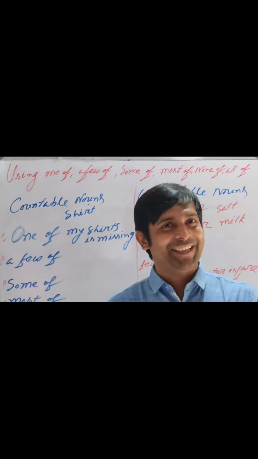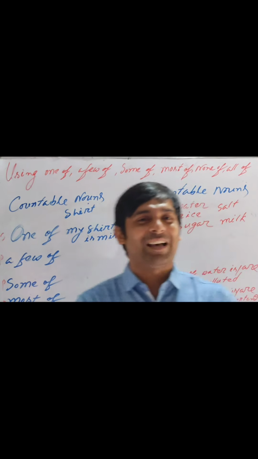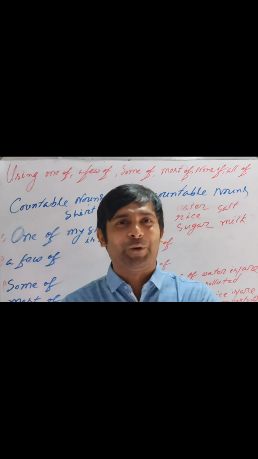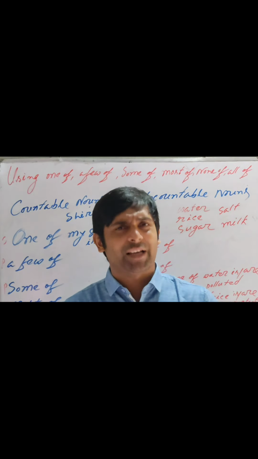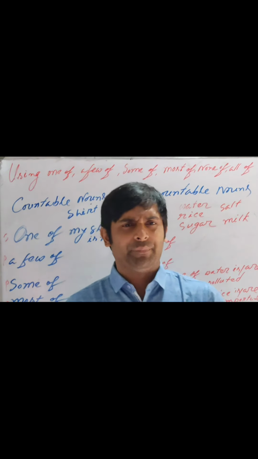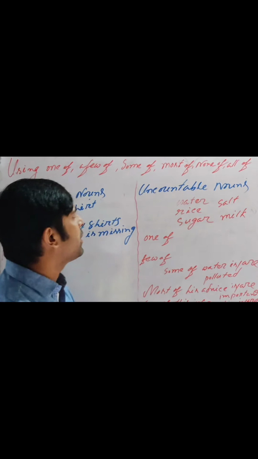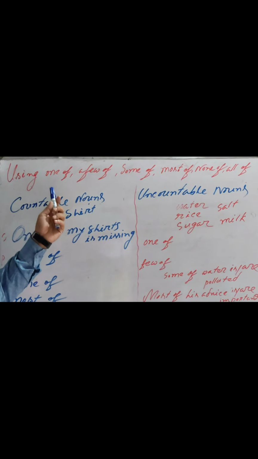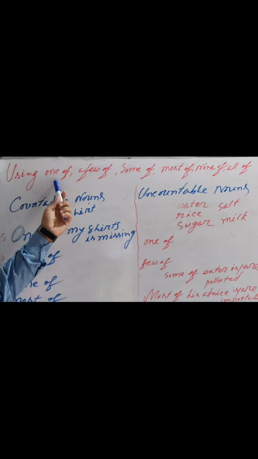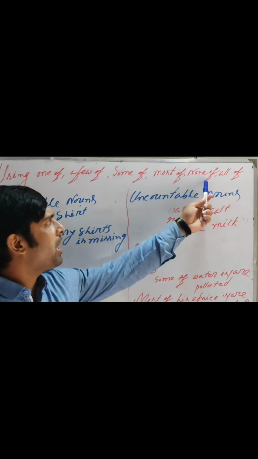So this is time for understanding the lesson. Nothing to be worried about. Of course, I'll help you because most of the students are not sure. We all have the same problem. Please look at the whiteboard: one of, a few of, some of, most of, none of, all of.